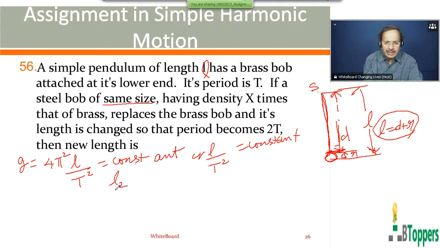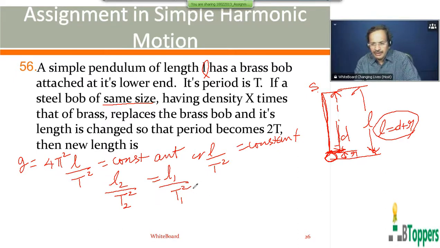Suppose L2 is the length in the second case and T2 is the time period in the second case, and L1 is the length in the first case, T1 is the time period in the first case. That means T1 is the time period of small oscillations of a simple pendulum of length L1, and T2 is the time period of small oscillations of a simple pendulum of length L2 at the same place. Then L2 by T2 square equals L1 by T1 square.